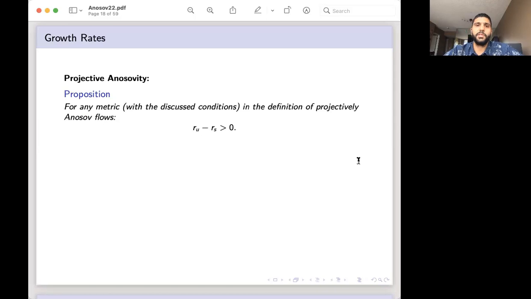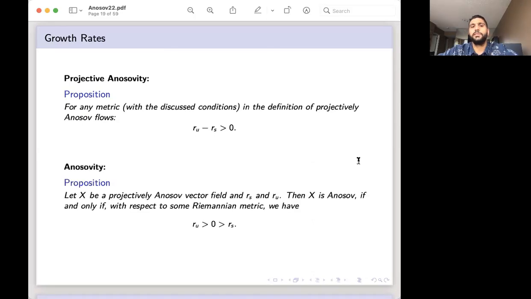I can use that metric to measure these growth rates, and it is simple to see that RU minus RS is always positive, because this shows the relative growth in the unstable direction versus the stable direction. This is just saying that I will always have more growth in the unstable direction than in the stable direction, which is actually the definition of being projectively Anosov.